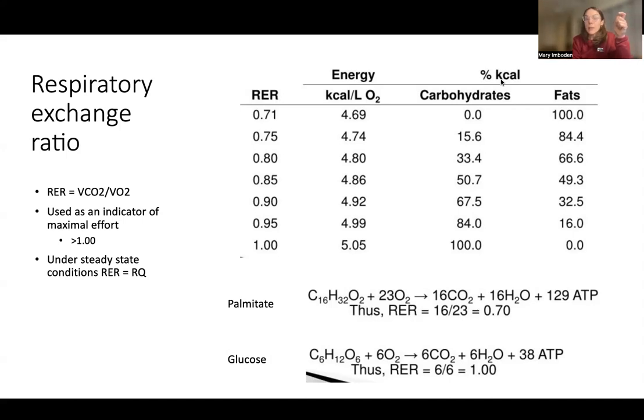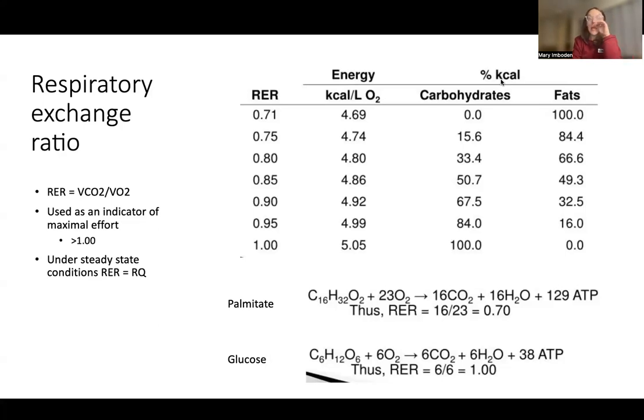So this respiratory exchange ratio is going to be influenced by nutrition. So if you're only consuming carbohydrates, you probably are starting a little bit higher. Versus if you have a mixed diet of carbohydrates, fats, and protein, you probably are starting somewhere in the 0.8 to 0.85. As you start exercising though, and it's a low intensity exercise, let's say, you're going to be relying more on fats to fuel.